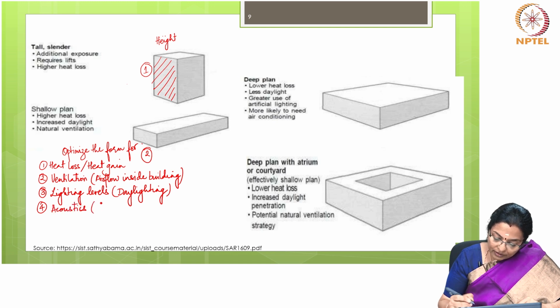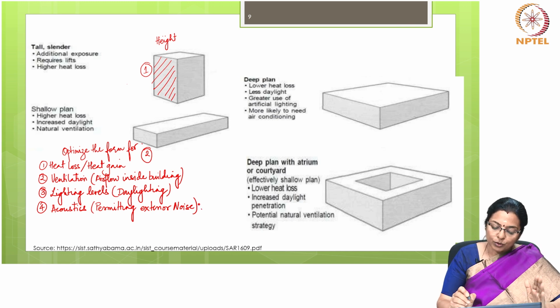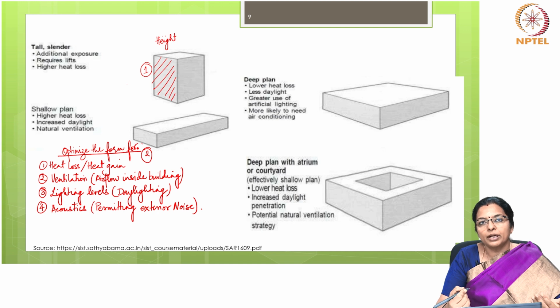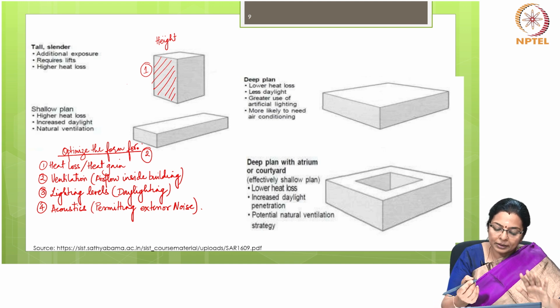When I say acoustics, I mean permitting exterior sound, exterior noise, inside. So you need to optimize a form for all of these, because a particular form which functions very well for optimum heat gain may not be functioning very well for either ventilation or lighting. So you have to optimize it.